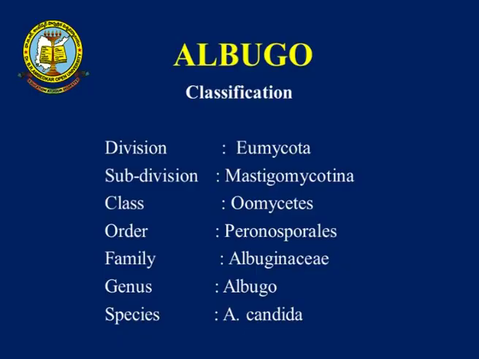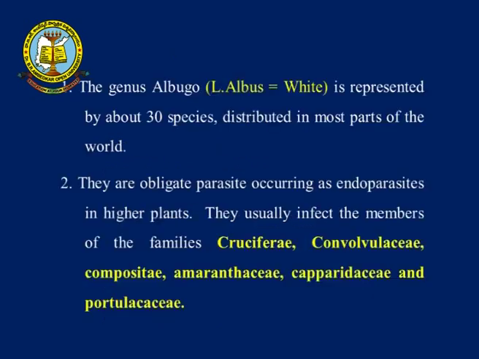The division of Albugo candida is Eumycota, meaning advanced. Second, the subdivision is Mastigomycotina, class Oomycetes, order Peronosporales, and family Albuginaceae, genus Albugo, and the species is Albugo candida. The genus Albugo, albus means white, is represented by about 30 species distributed in most parts of the world.